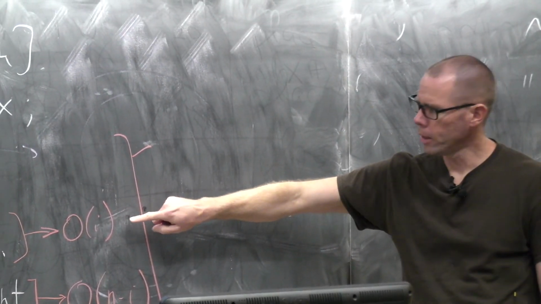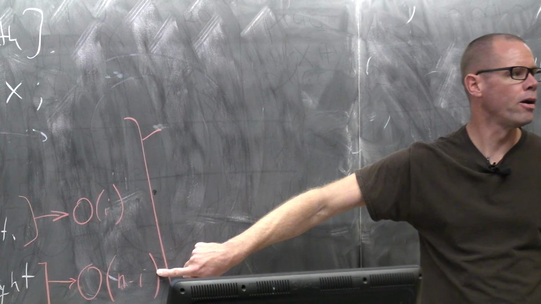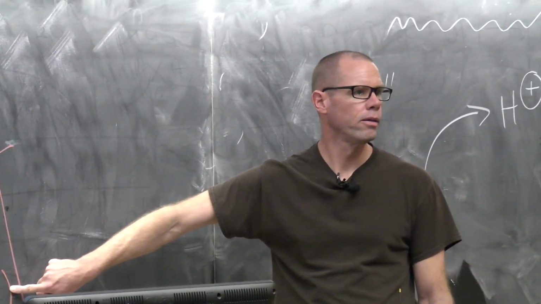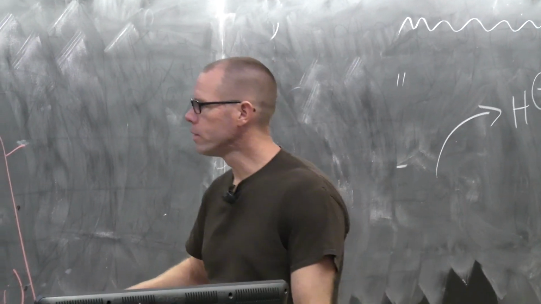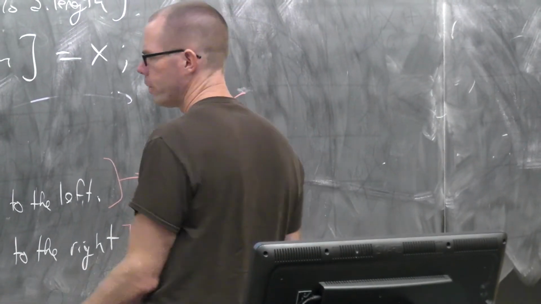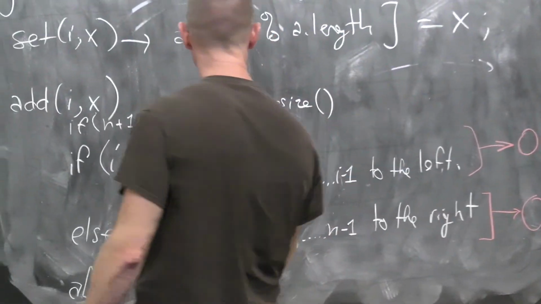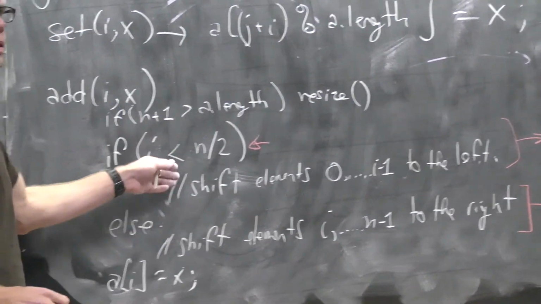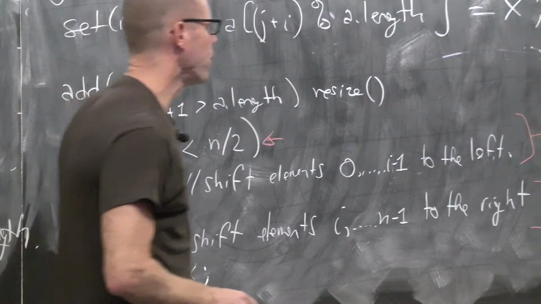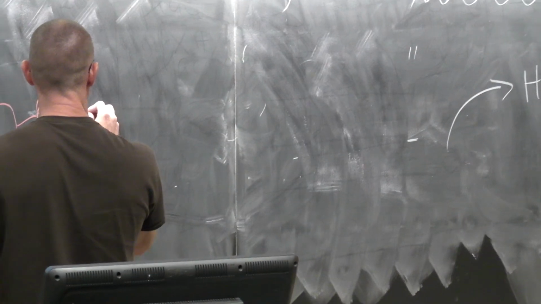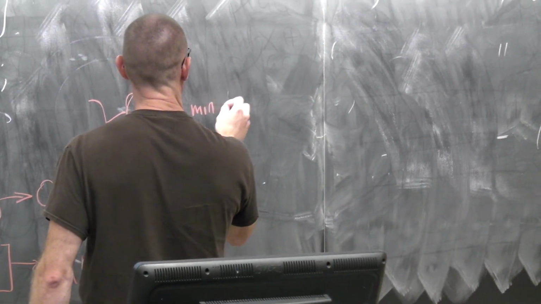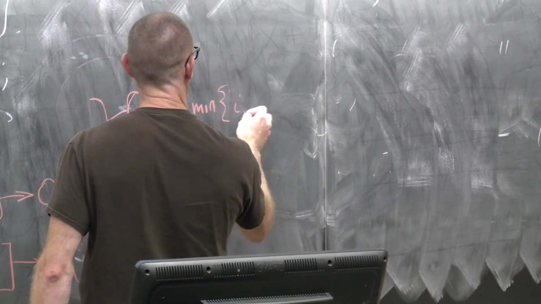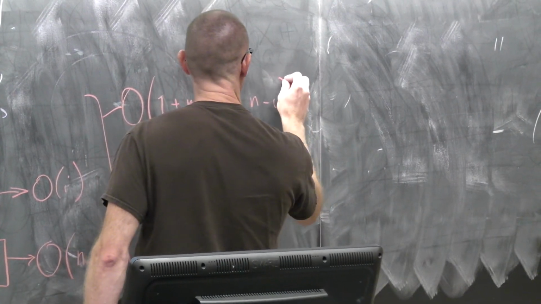I. And if this happens, what's smaller, I or n minus I? N minus I. So actually, this condition here is chosen so that we do whichever one of these things costs less. So actually, this whole code runs in O of 1 plus the minimum of I and n minus I time.